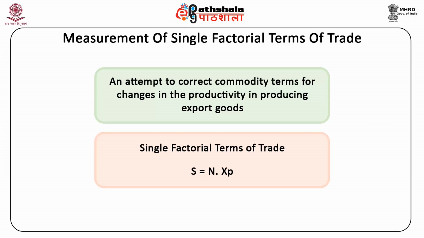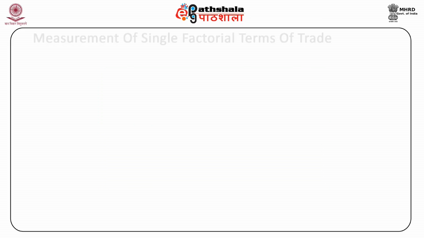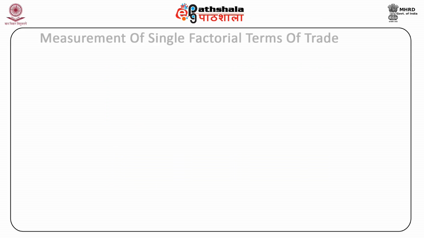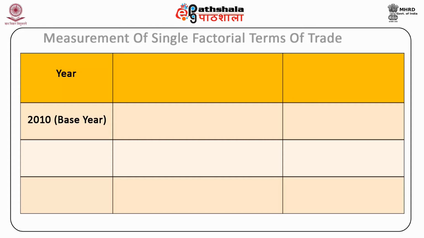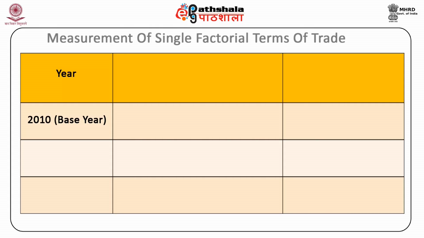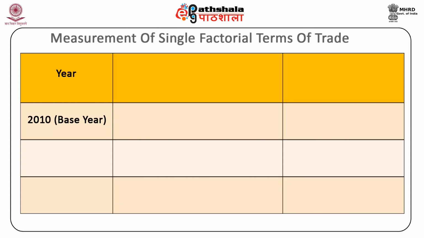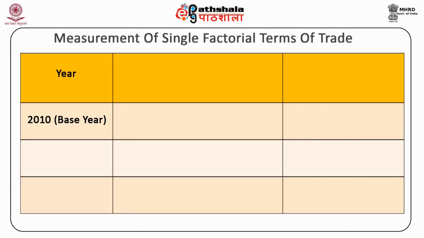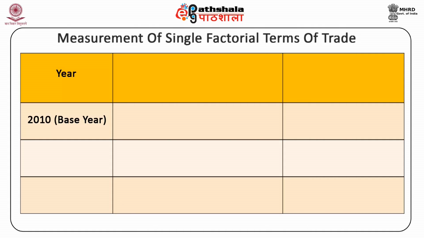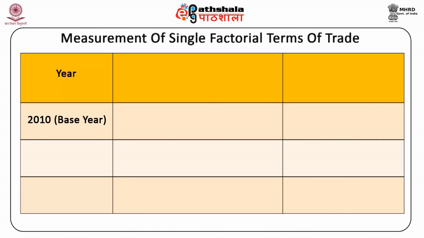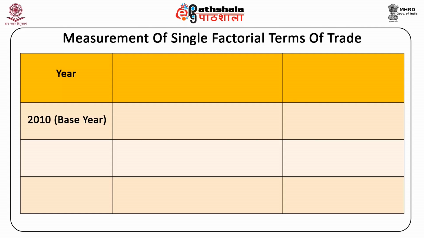Understanding the concept with the help of the same example, we take 2010 as the base year. For the base year 2010, we assign a value of 100 for all the three variables, that is, export price index, import price index, and the export productivity index.